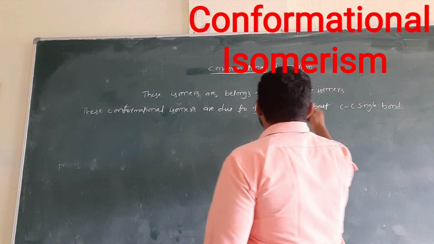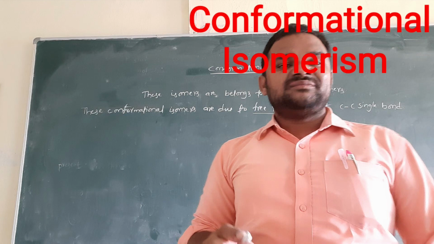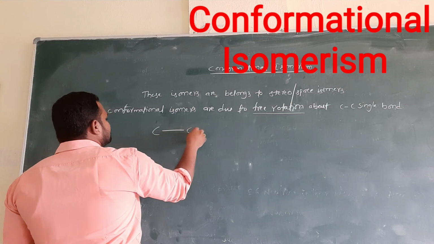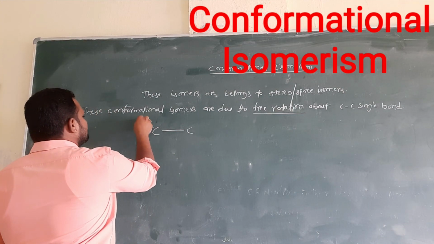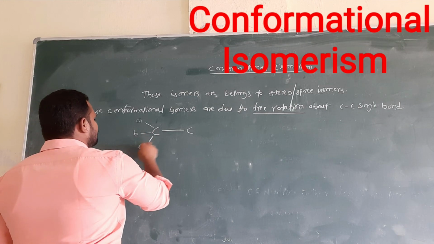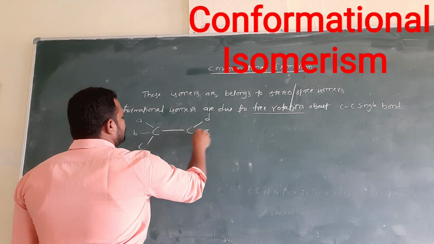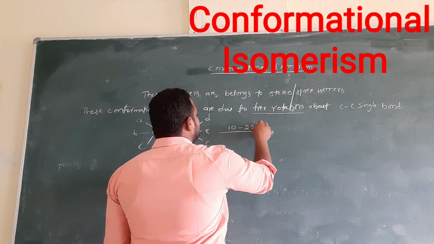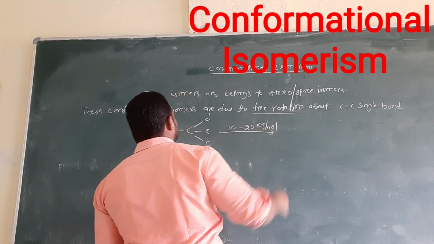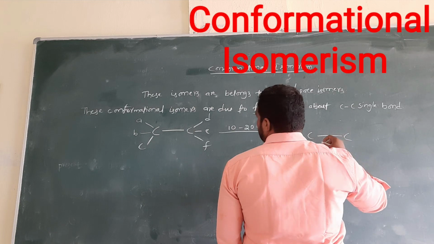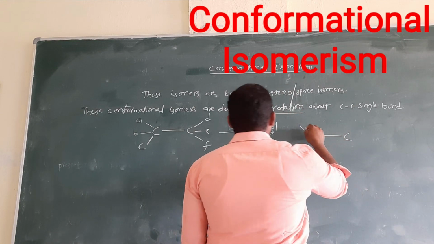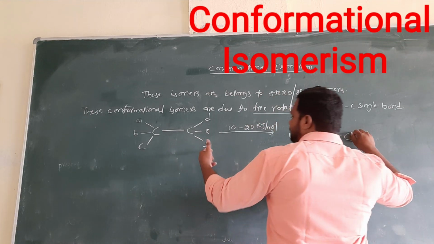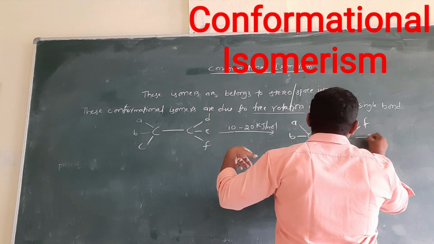Why are we saying that it is a free rotation? Because if you observe, for example in a carbon single bond, on this carbon 3 groups are there, and on this carbon 3 groups are there, say D, E, F. By applying just 10 to 20 kilojoule per mole of rotational energy, the groups rotate: A, B, C stay, but here F goes up, E stays in the same position.